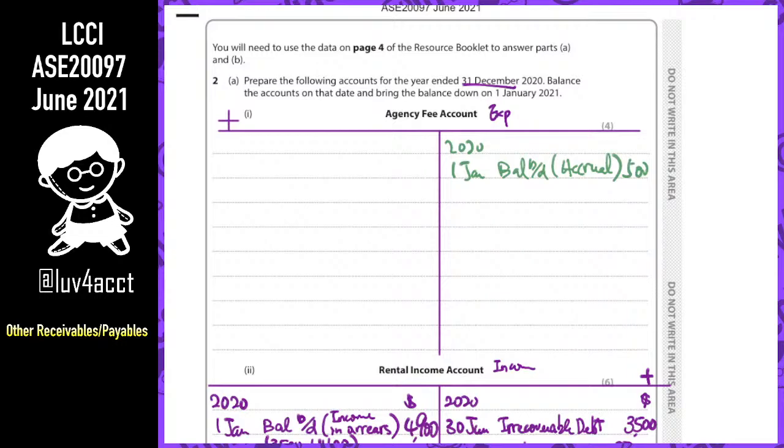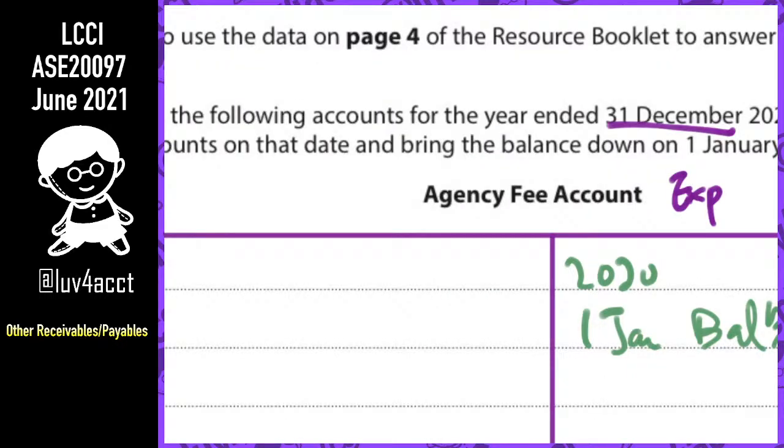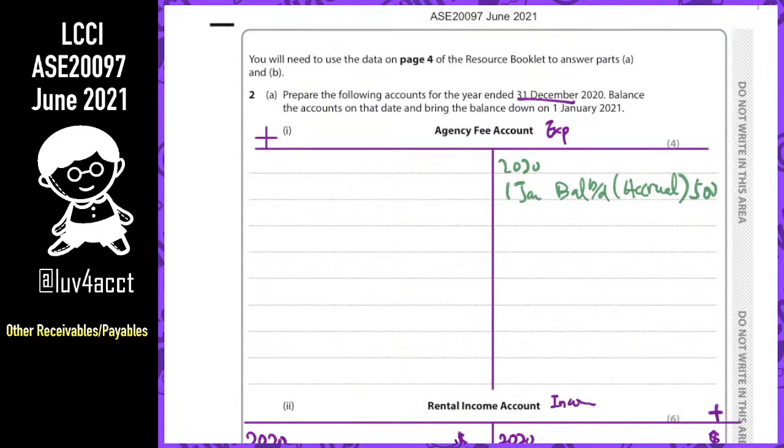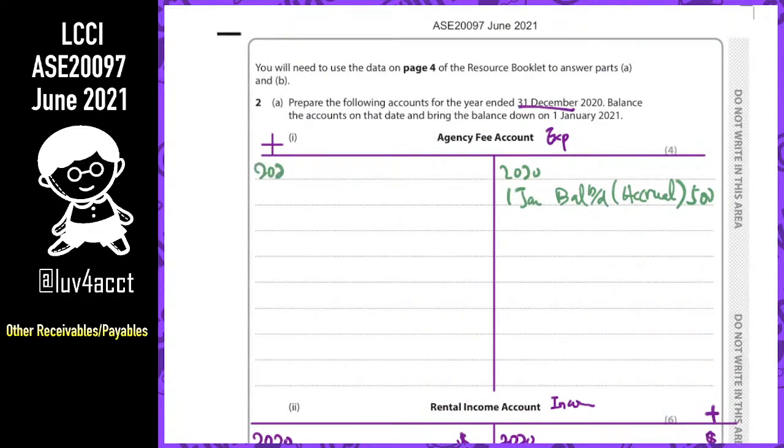So quite simple. Everything goes into the last day of the year 2020, 31st December. Bank, every month you pay, so 500 multiplied by 12, you have 6,000 payment. Credit bank, debit the expense account.